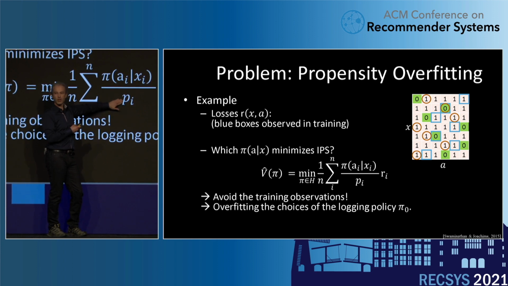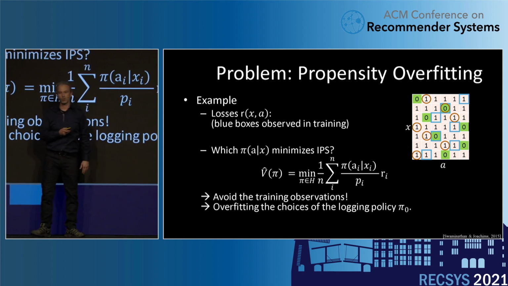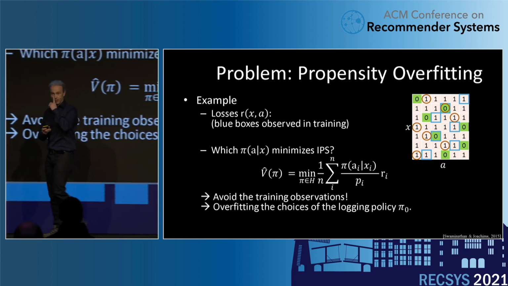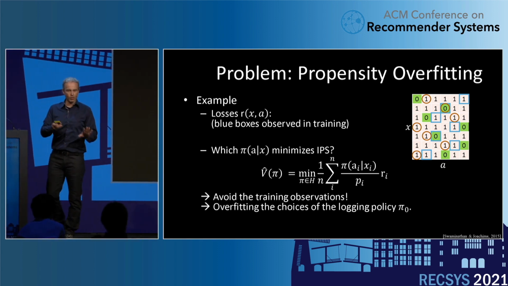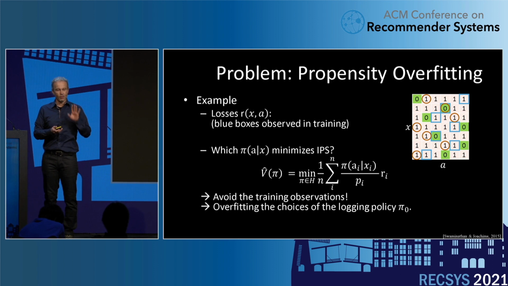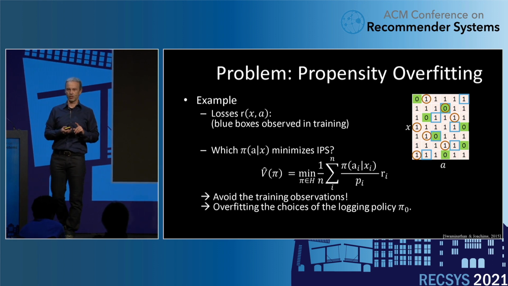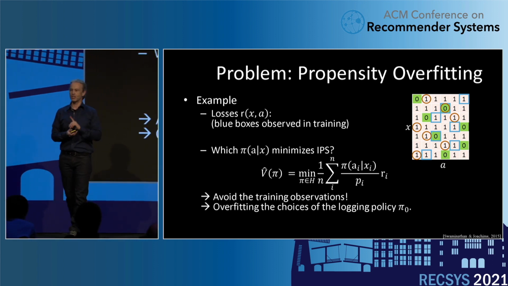And that's another thing that we can overfit to. Overfitting to the choices of the logging policy, that's what's called propensity overfitting. So we have two types of overfitting to deal with. Fortunately, this new one, propensity overfitting, is actually pretty easy to deal with.